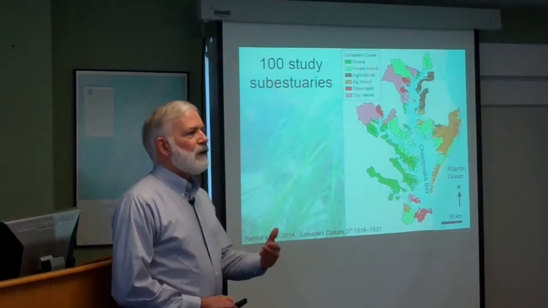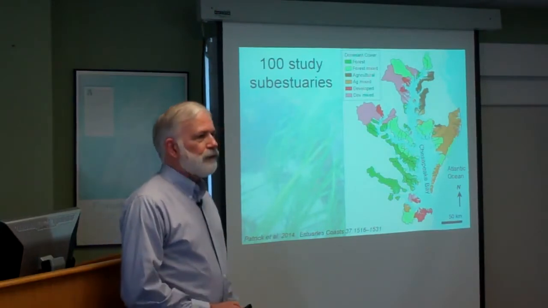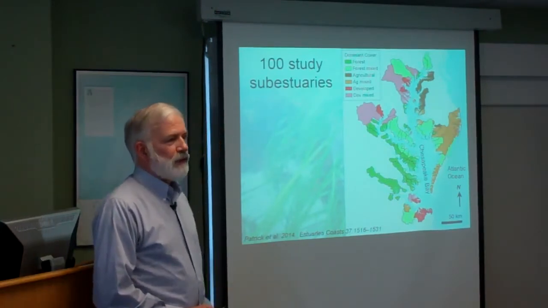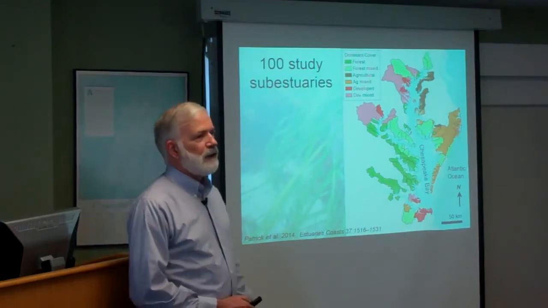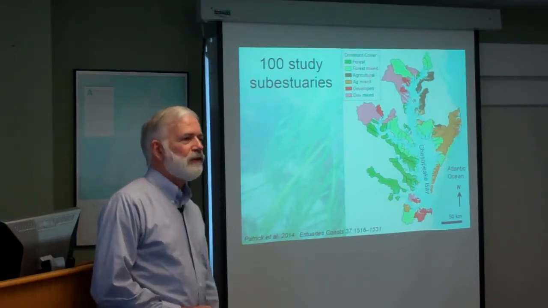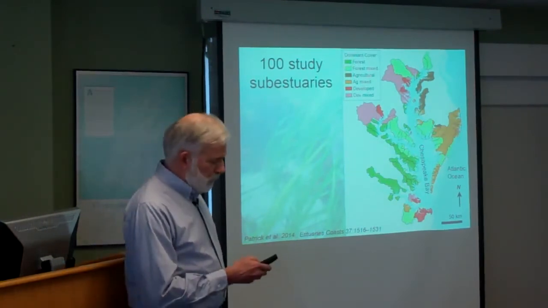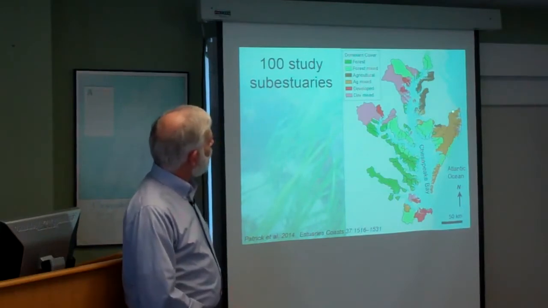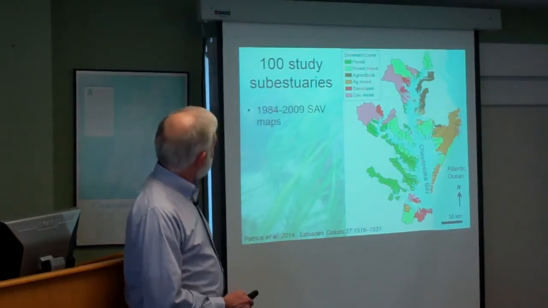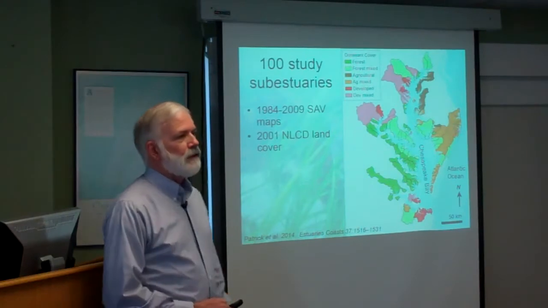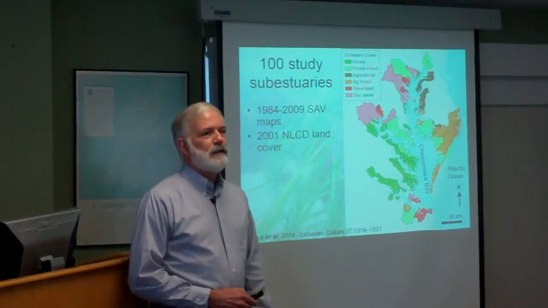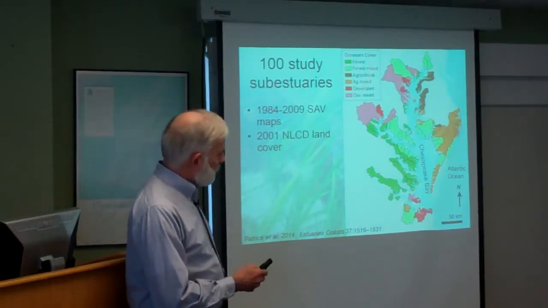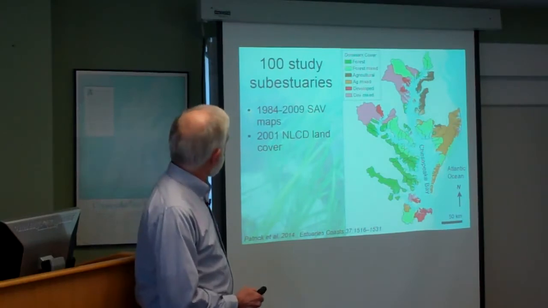The main data set that we analyzed was the aerial survey of submerged aquatic vegetation, which has been undertaken every year but one since 1984. So it's a pretty amazing data set covering this entire study area. We also looked at the National Land Cover data set to quantify land use and land cover within these study systems.